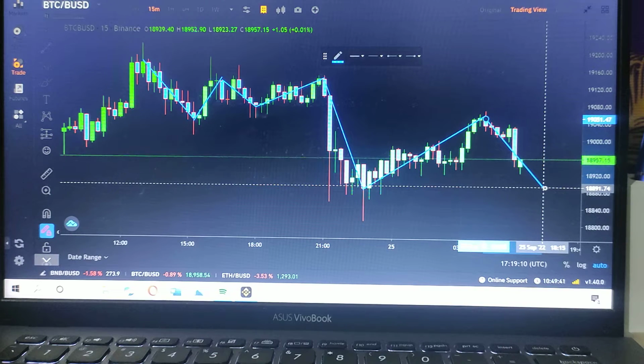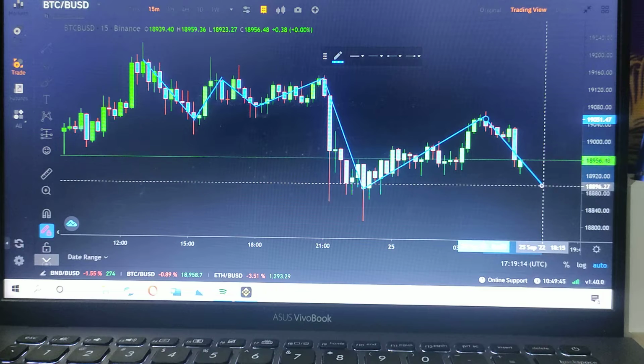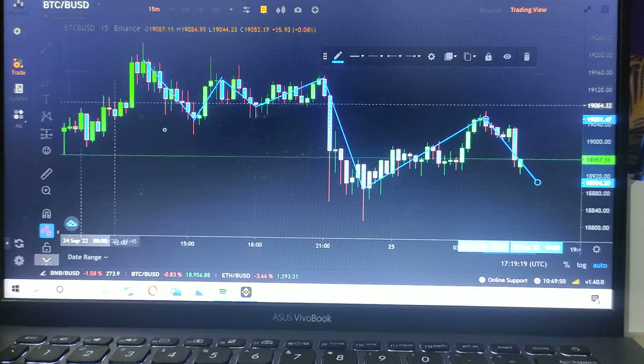Because the resistance level is not strong, as you can see, it will still drop, because this resistance level is not strong enough.